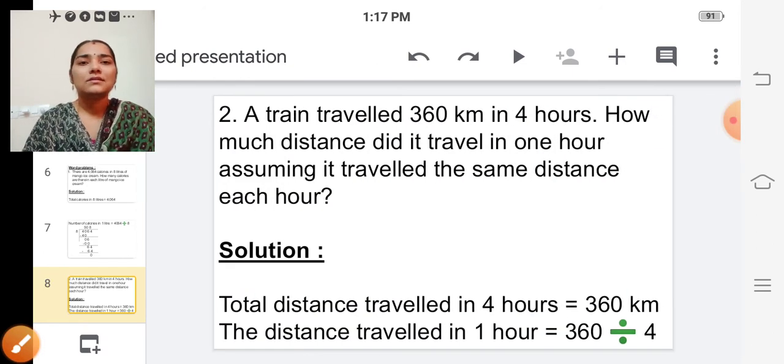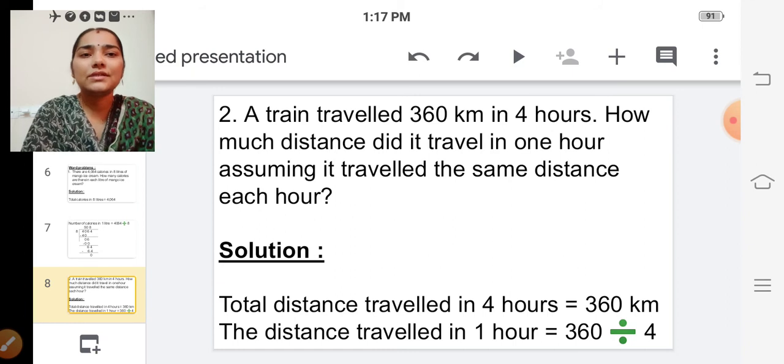Second problem. A train travelled 360 kilometers in 4 hours. How much distance did it travel in 1 hour, assuming it travelled the same distance each hour?